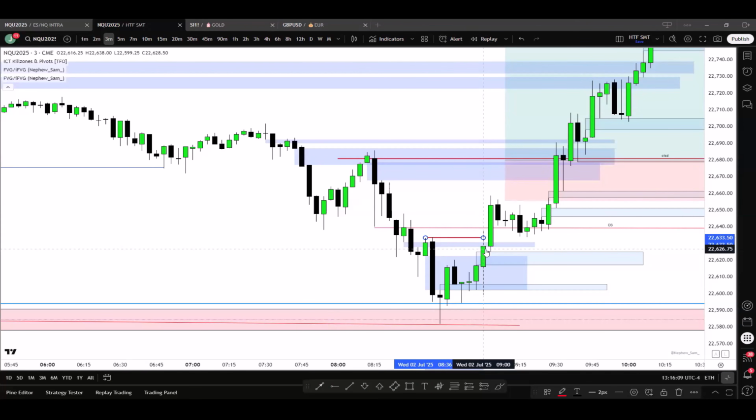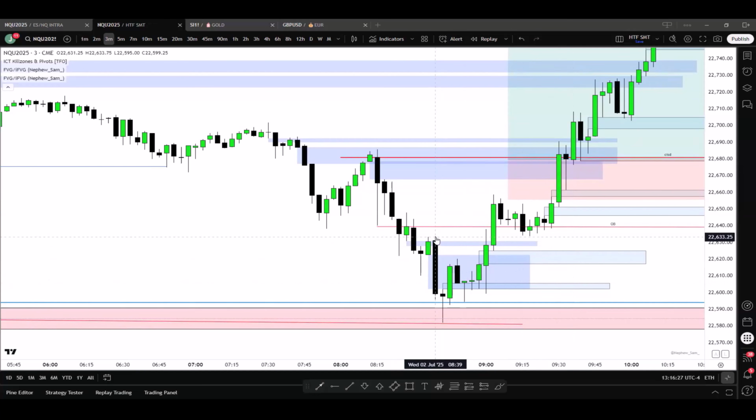That's a red flag. But then the next one easily broke above. And then I just bought the order block right here. This was my entry right here, not down here. Does everybody understand that? Now, this is not necessarily an internal high, but it is the order block.